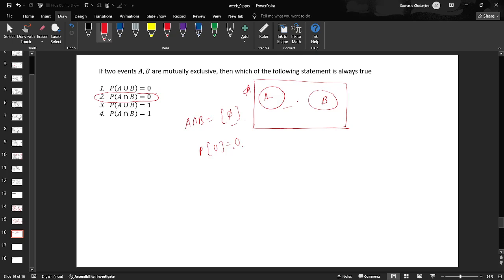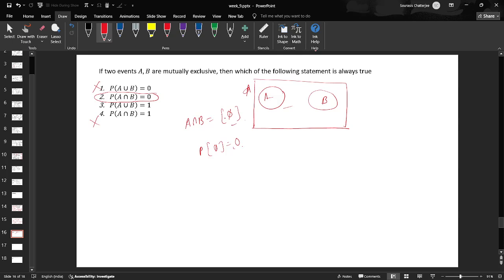No, unless A and B are themselves null sets, but that violates the principle that A and B are mutually exclusive, because if A is a null set, then B cannot be, and vice versa. So this is out of the picture, and the fourth is also out. What is the third one? The third one says that P(A union B) is 1.